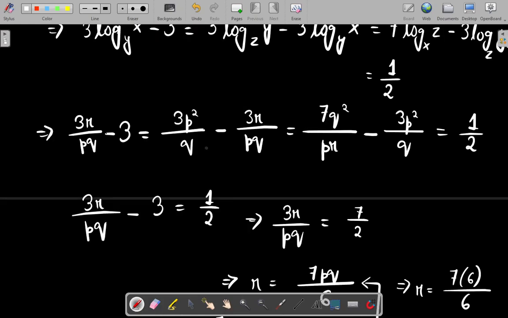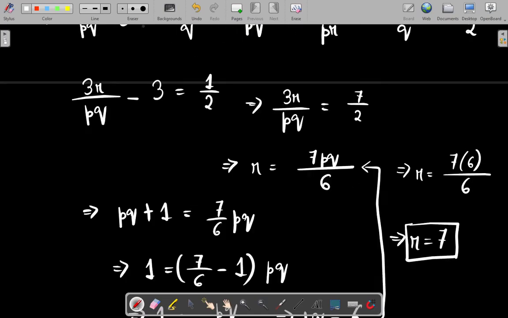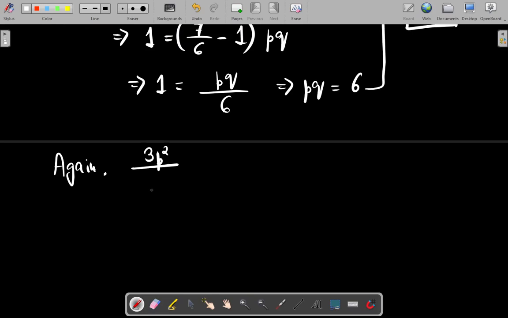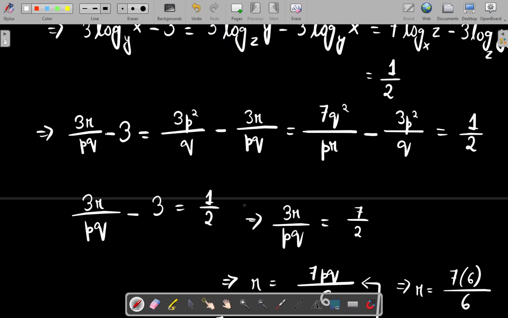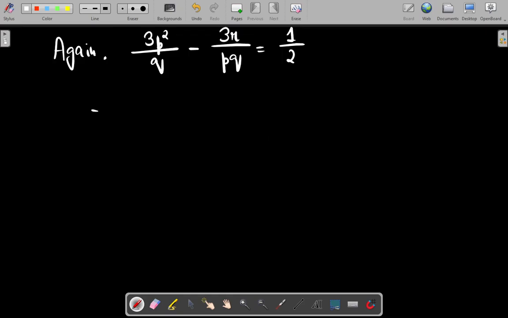So again, now let us start with the second equation. 3p square upon q minus 3r upon pq is again equal to half, right? So we don't know the value of p and q.